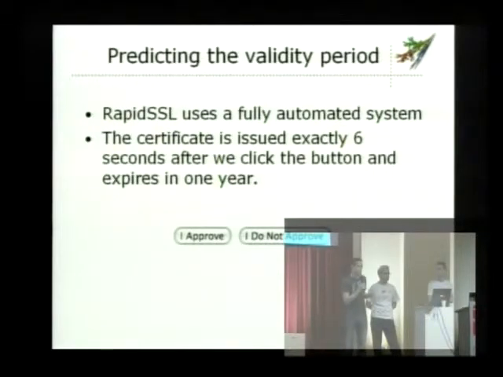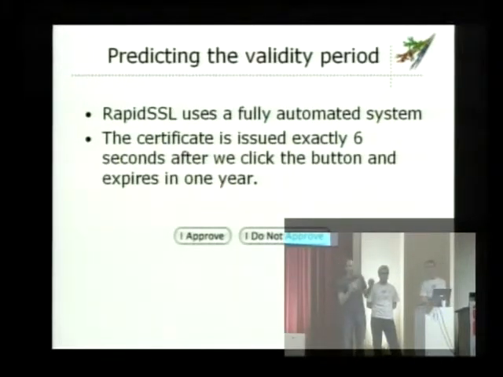The first property was that their system for issuing certificates was completely automated, which meant that you submit the certificate, you go through a validation process, they send you an email with a confirmation link, you go to that website, and then you have this I approve button.